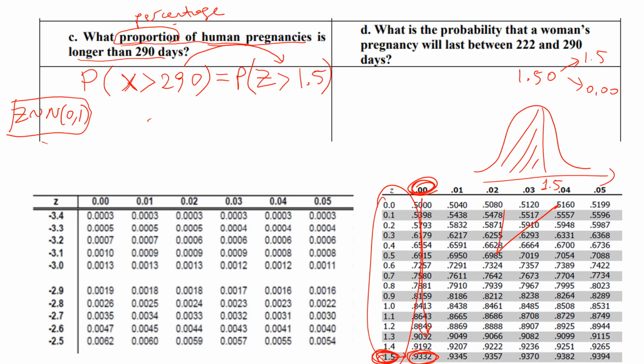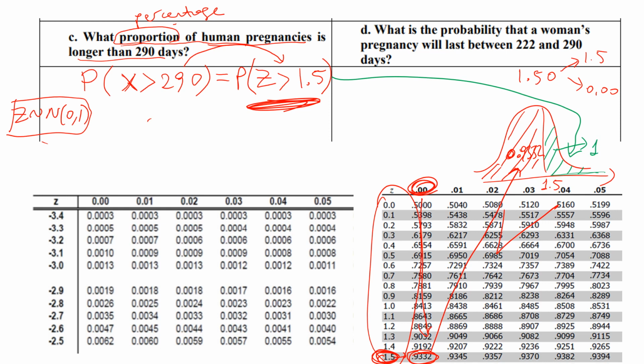But from this table, what you get is only this left part, 0.9332. This question is asking the green part, the values that are bigger than 1.5. So how can you find this? You subtract, 1 minus 0.9332.